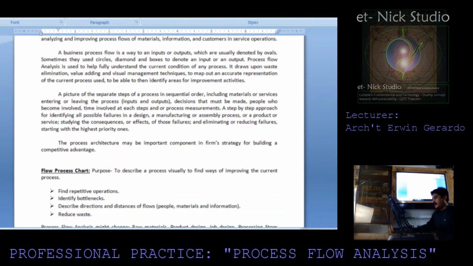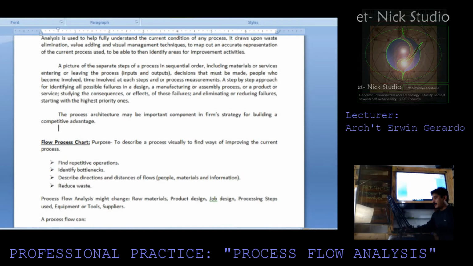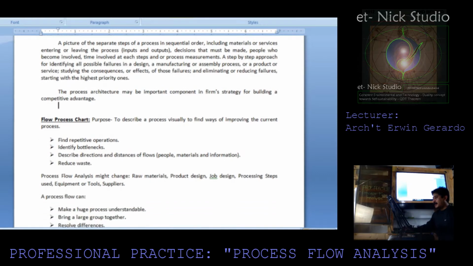A picture of the separate steps of a process in sequential order, including materials or services entering or leaving the process, inputs and outputs, decisions that must be made, people who become involved, time involved at each step, and or process measurements.